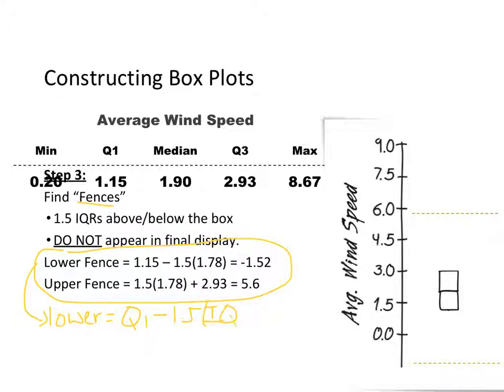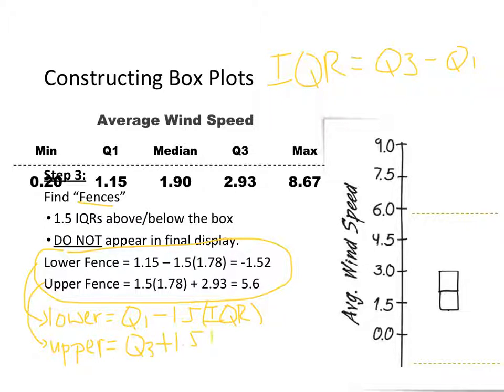If you have forgotten what IQR is, remember IQR is equal to the third quartile minus the first quartile. To find the upper fence, you take your third quartile and you add 1.5 times your IQR.